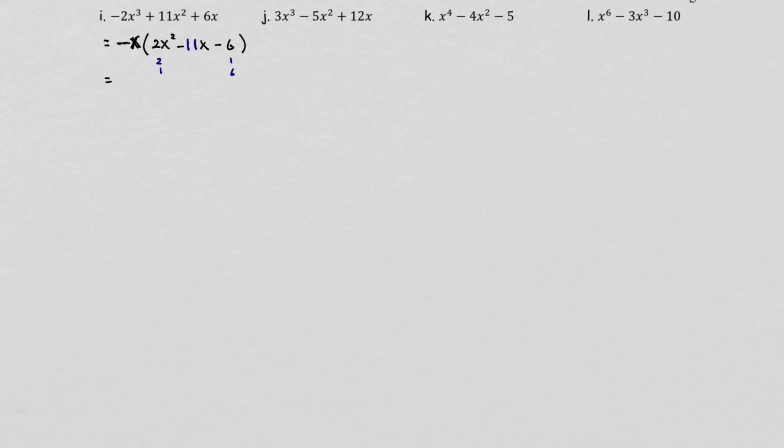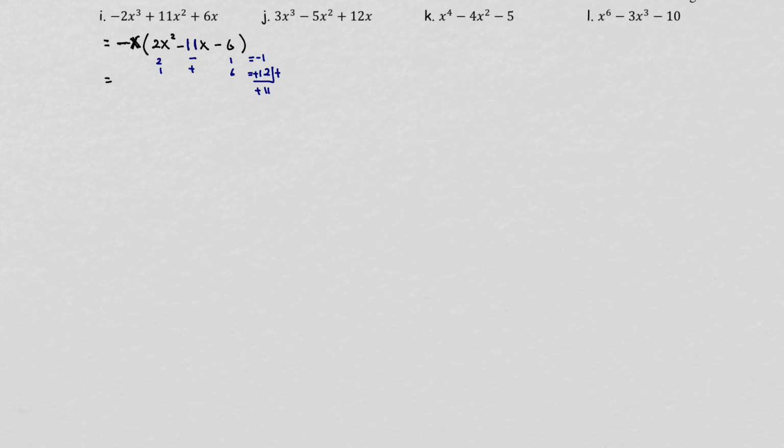So instead of using 2 and 3, I will try 1 and 6 this time. Cross multiplication: 1 times 1 is 1, 2 times 6 is 12, added to become positive 11. 12 has to be positive, 1 has to be negative. And it says your signs have to be different, right? This one says your signs should be different, so it works out. So this is negative, this is positive.